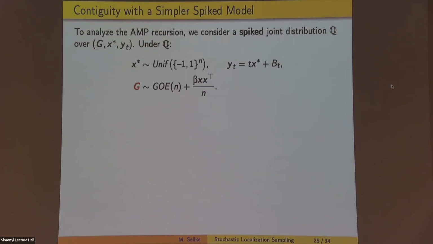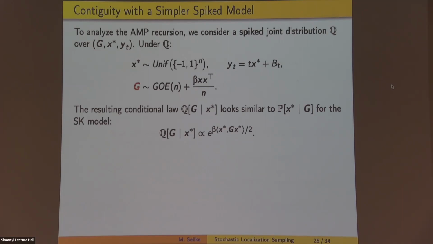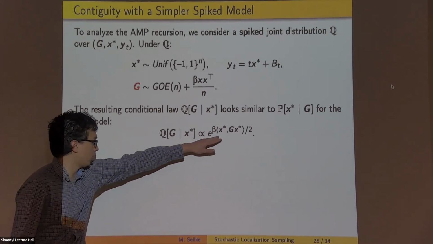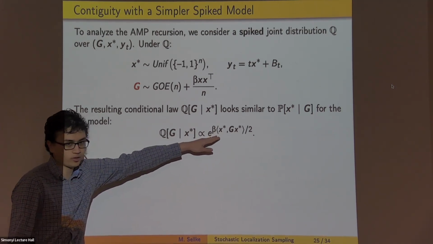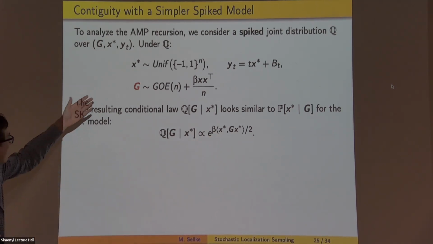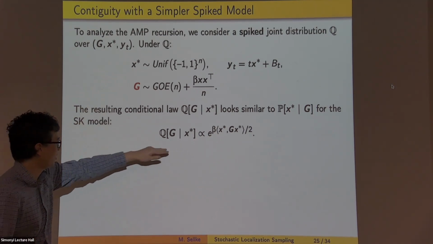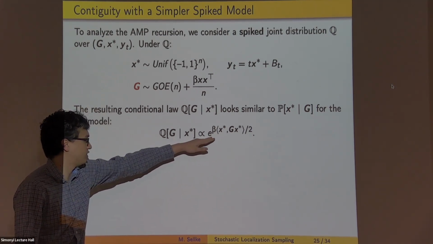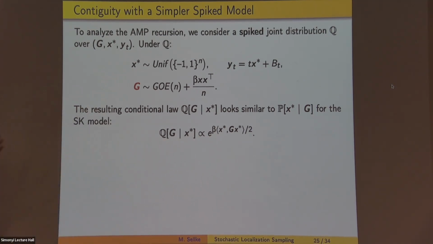Okay, so just to be brief about it, we have this formula for the law of the SK Gibbs measure. You can think of sampling X star and then G, and using this as the formula for the law of G given X star instead of vice versa. This will change the distributions of things, but you can imagine it doesn't change the distributions too much.